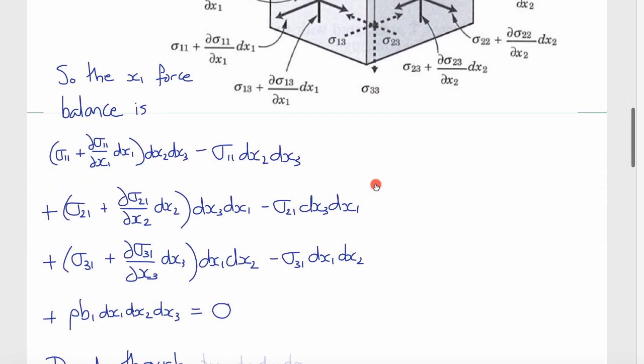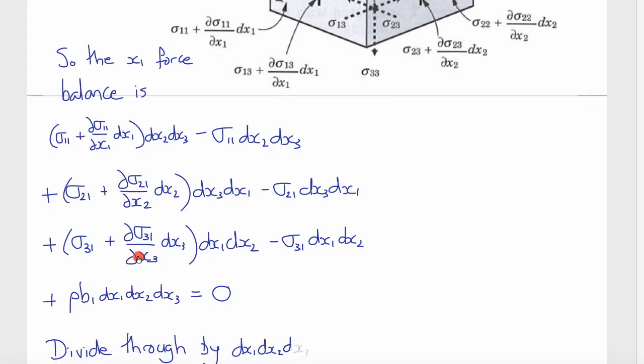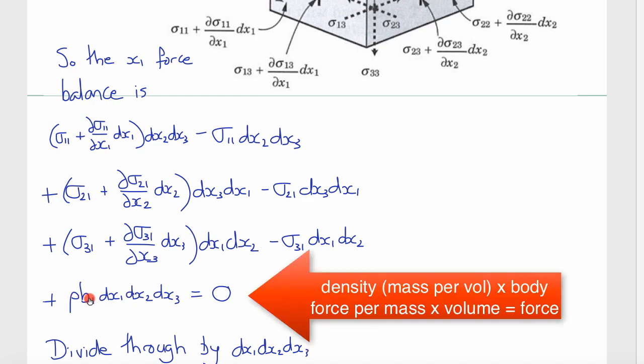And then plus a component of the body force in that direction, which we would multiply by the volume, since this is body force per unit mass times mass per unit volume would give us body force per unit volume times volume would be force.